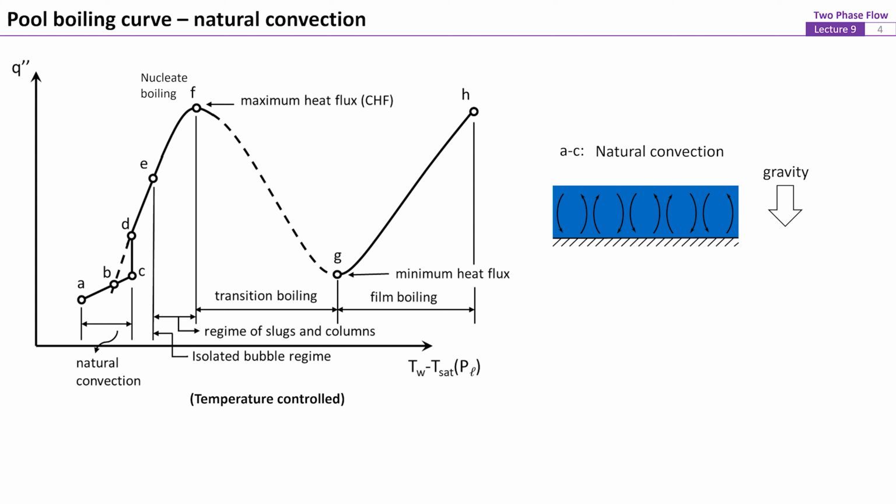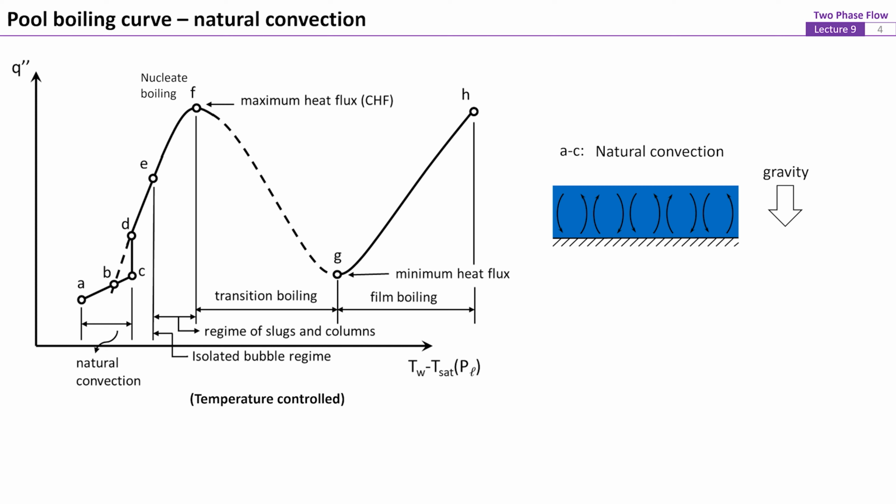If the temperature of the surface is increased slowly from the saturation temperature of the fluid, Tsat, the fluid near the surface of the solid will be heated up gradually, and the density of the fluid will change correspondingly. Usually, the density of fluid decreases with increasing temperature.